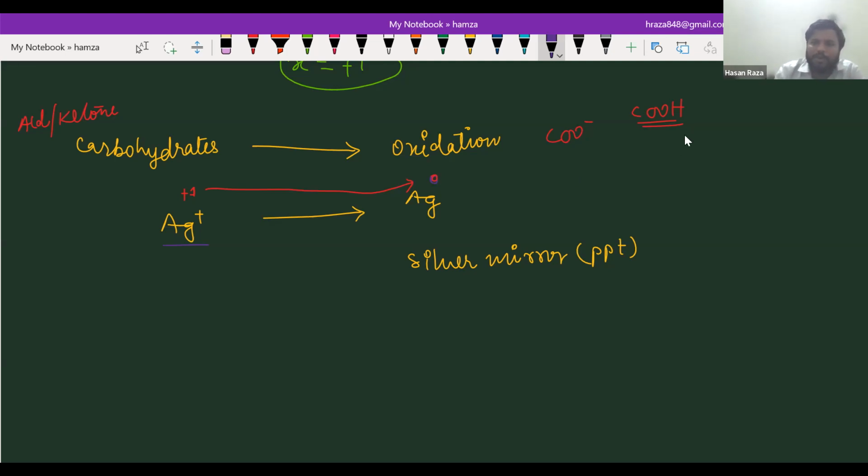Okay, so please write it. This is how it takes place: the carbohydrate oxidizes and the silver reduces. That's why the sugar which reduces Ag is called a reducing sugar. Are you getting my point?